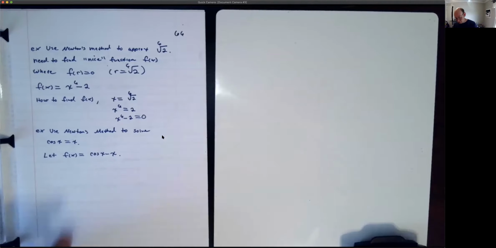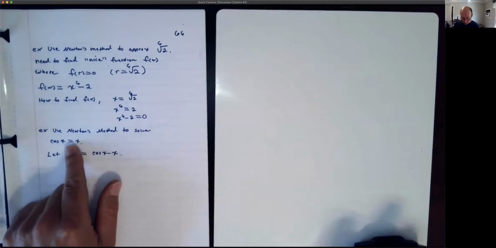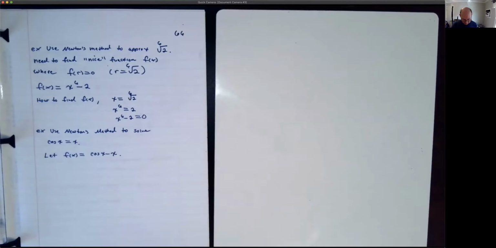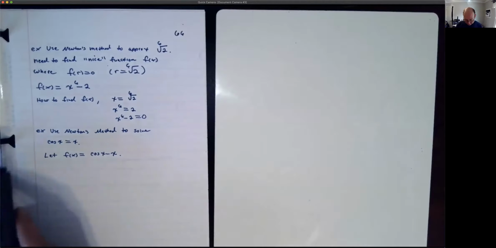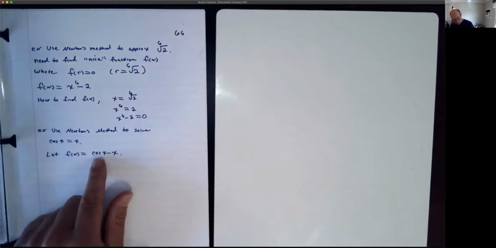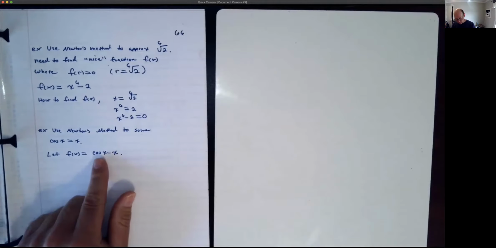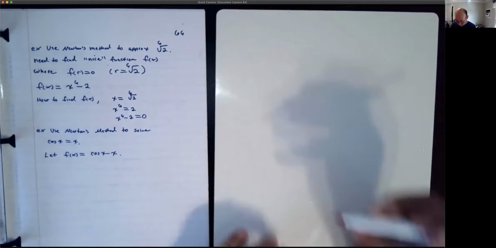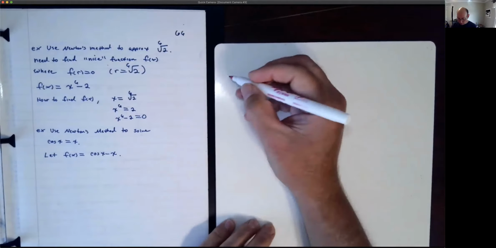Okay, use Newton's method to solve cosine of x equals x. So in this case, f of x is not 0, but that's easily corrected by just moving it over to the other side. So we saw this on exam 1.